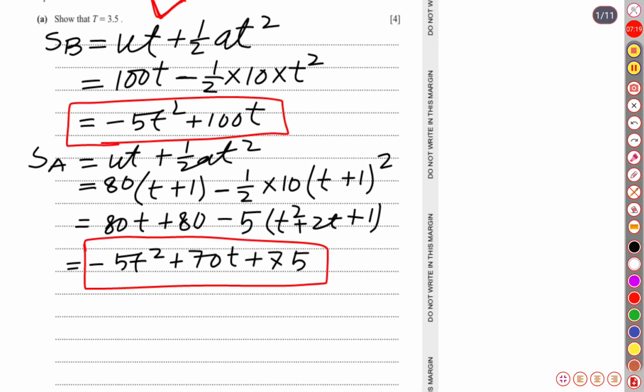SB is equal to SA. Or if you wish, you can write these words over here, during the time of collision.